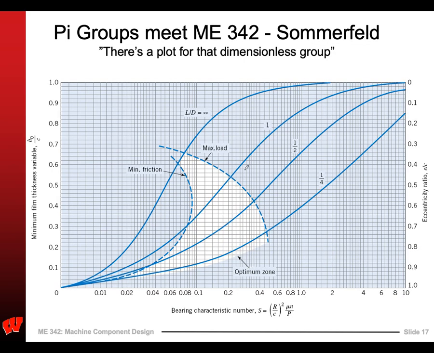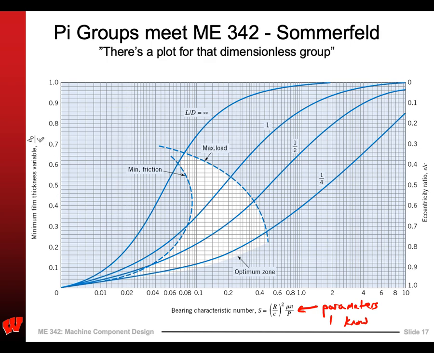And so here's what it looks like. First of all, I get the Sommerfeld number of the bearing, right? And the Sommerfeld number is a function of the viscosity, the speed, the pressure, and then R and C, the radius. So these are all physical parameters that I know. And then I can go from here and then go up and then get some minimum film thickness, right?